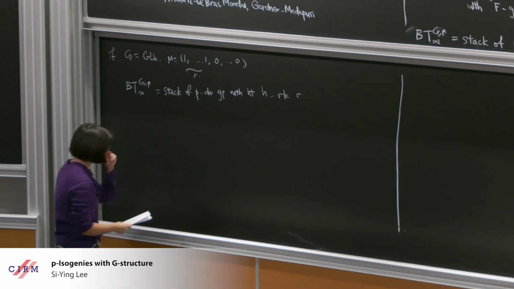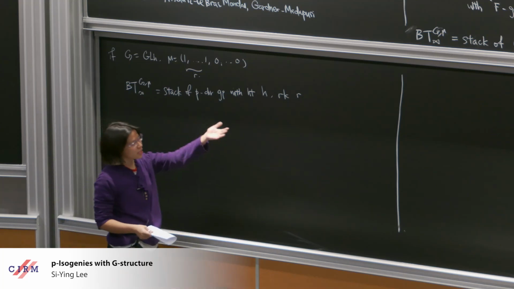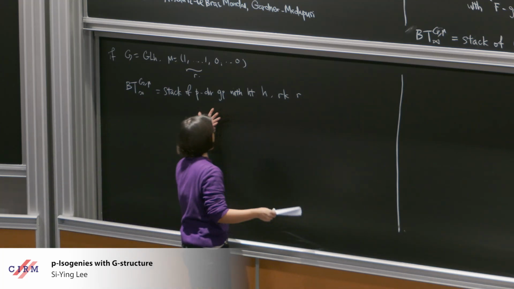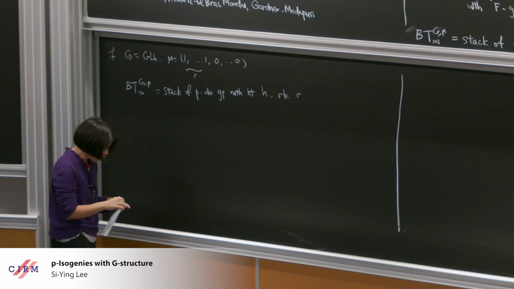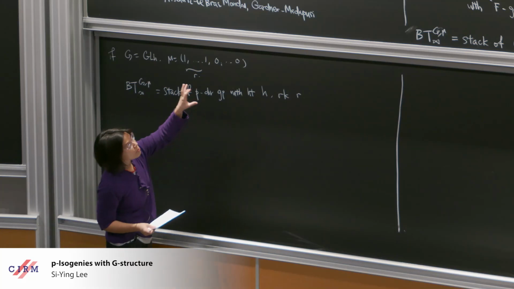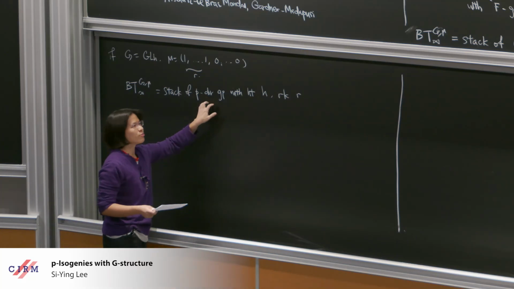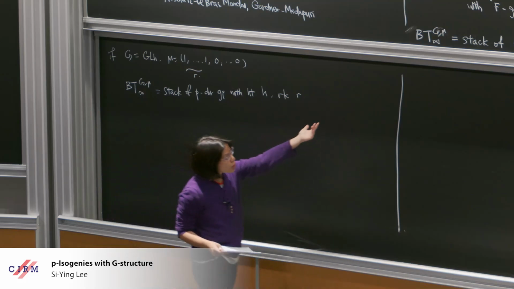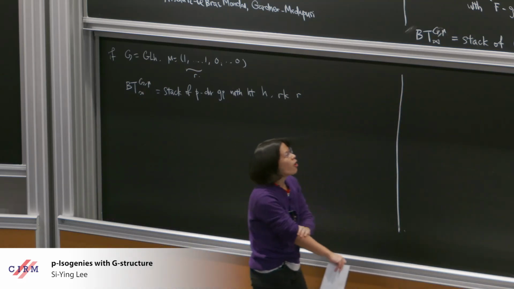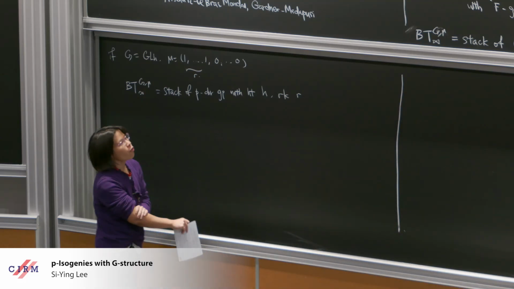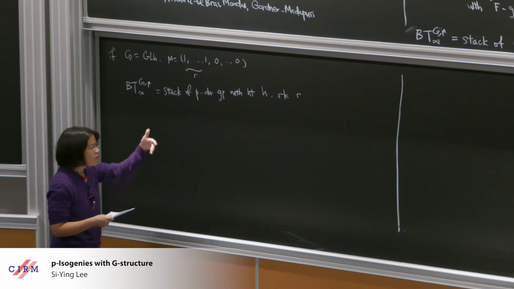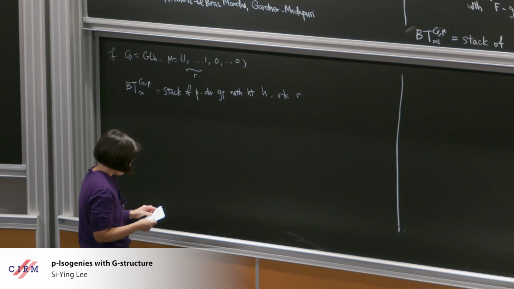So there's a very strong analogy between this stack of apertures and the stack of p-divisible groups. Just as over p-divisible groups we have the notion of an isogeny between p-divisible groups, we now want to define a notion of quasi-isogeny living over the stack of (G, mu)-apertures.